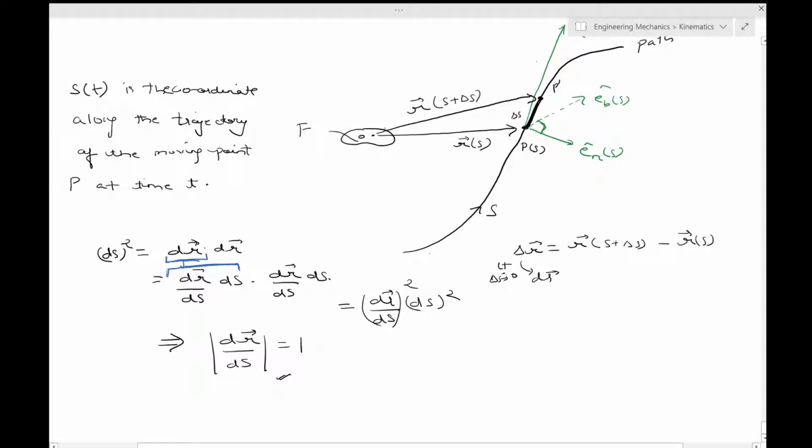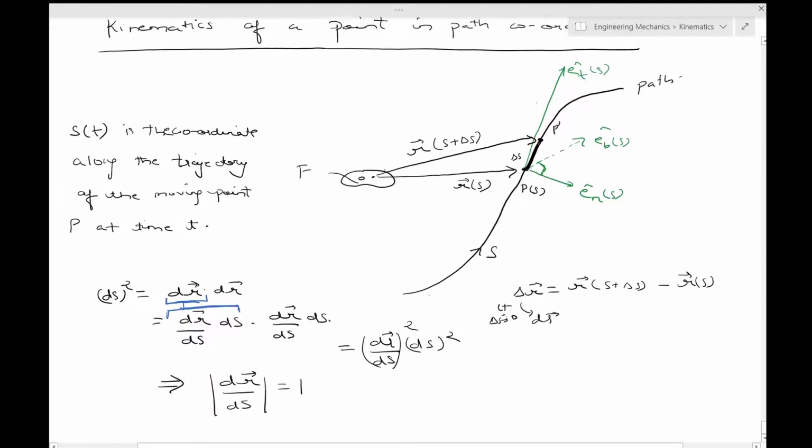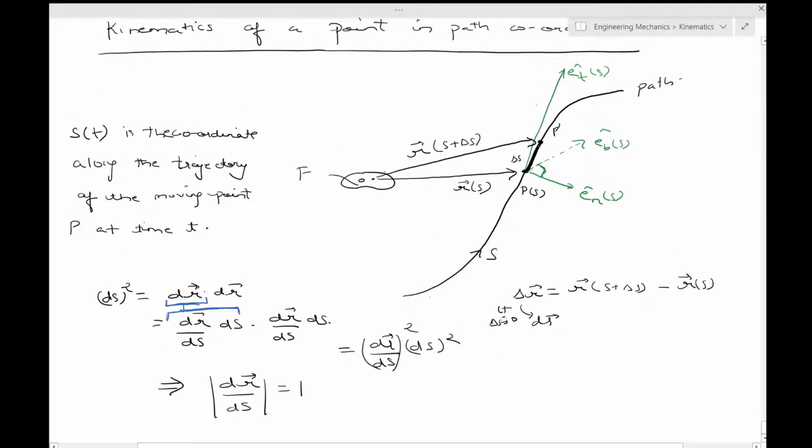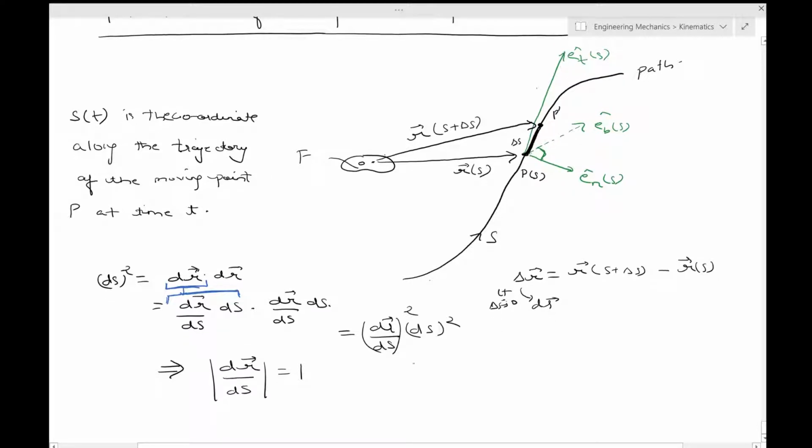Let's now see and claim that Et, the green one over here, is tangential to En. So let's say Et is equal to dr by ds.